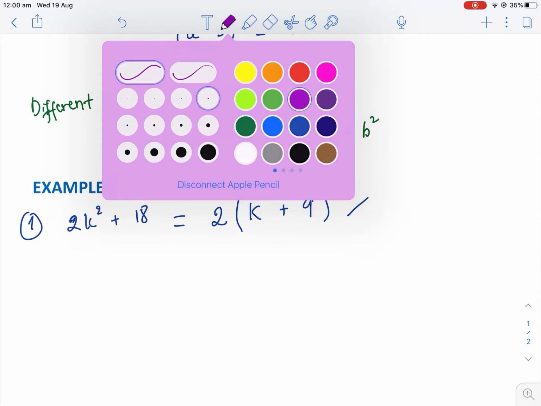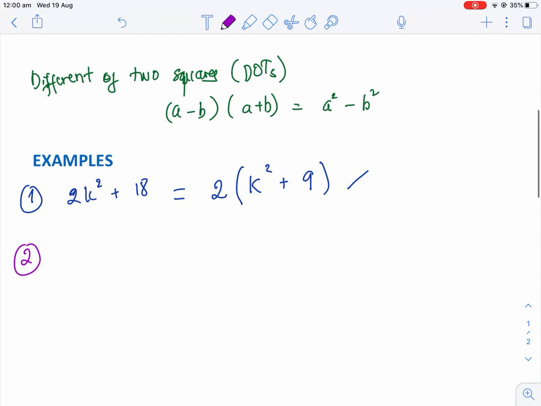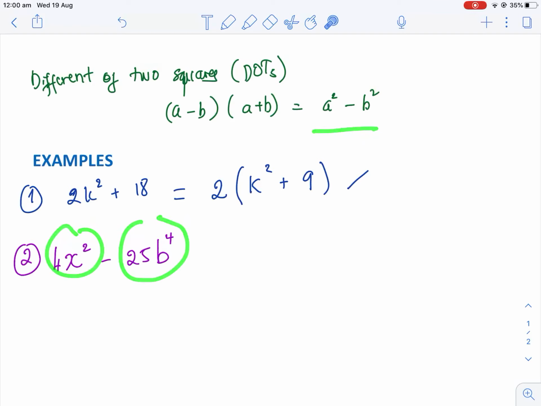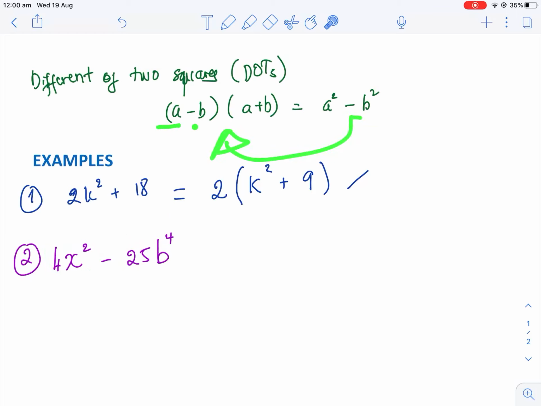Now move on to question 2. A bit harder. We have 4x squared take away 25b to the power 4. So it looks like this form: something squared, take away something squared. And your job is to bring this one to this one, which means you have to identify which one is A and B. So here, I know that A is 2x.